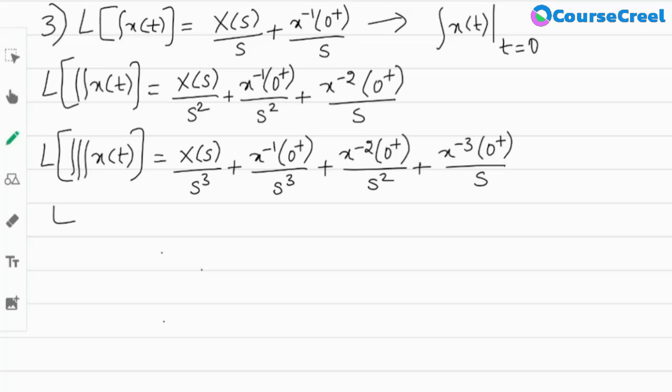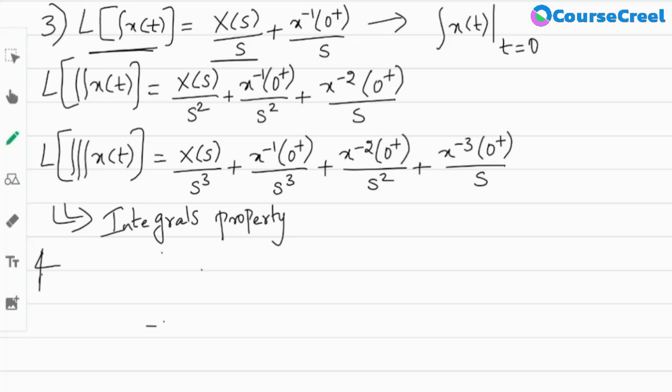So this is the integral property of Laplace transform. Just remember, Laplace transform of integration of x of t is equal to x of s by s. And the next property is differentiation in s domain.